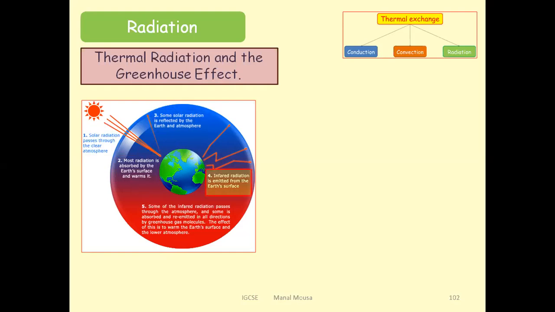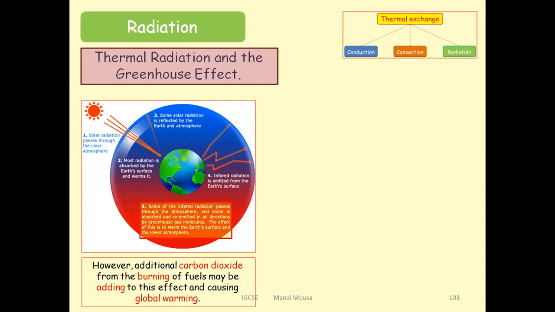The infrared radiation is emitted from the Earth's surface, and some of the infrared radiation passes through the atmosphere, and some is absorbed and re-emitted in all directions by greenhouse gas molecules. The effect of this is to warm the Earth's surface and the lower atmosphere.